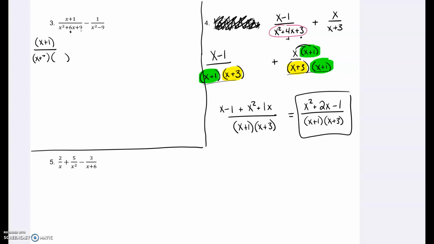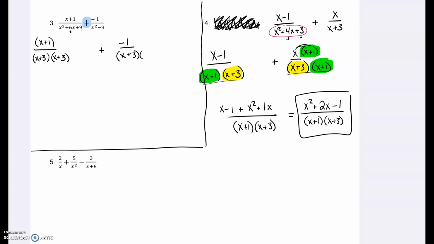That would be positive 3 and positive 3. Leave yourself some space. The other thing I want to warn you about is when you see minus, change it to plus a negative. So leave some space for you to do your common denominator stuff. And then we've got plus a negative 1 over, and do you remember how to factor x squared minus 9?